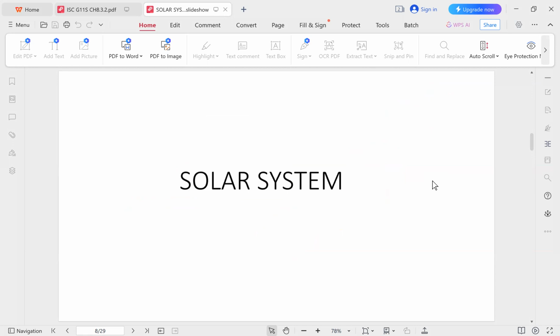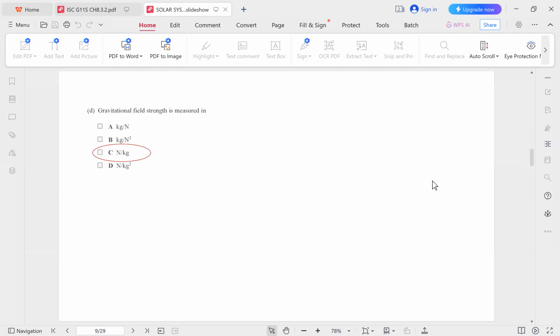Next, we move on to the solar system. And we start with basic concepts. Gravitational field strength is measured in, so this actually has to do with mechanics a little bit. You were told before that F equals ma, force equals mass times acceleration, and a special type of force is the weight. The weight is equal to mass multiplied by g, where g is the acceleration due to gravity.